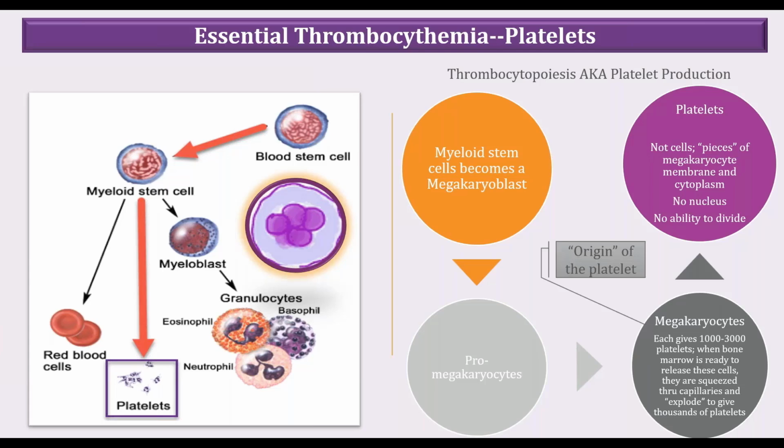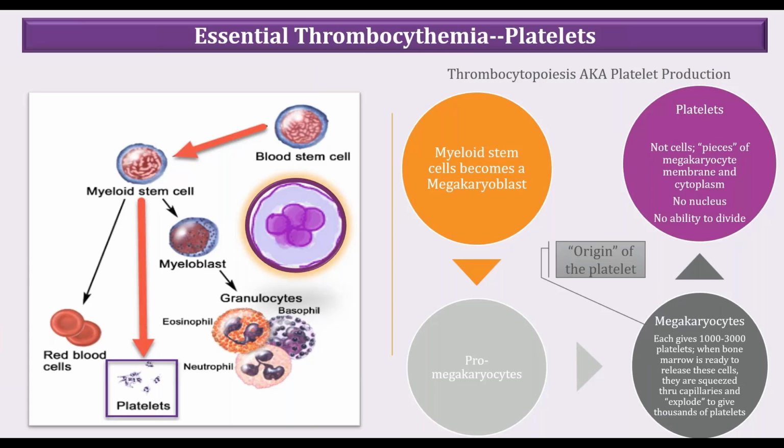So you heard earlier that the origin of platelets is the megakaryocyte. So megakaryocytes start as a stem cell and then become a megakaryoblast and then a megakaryocyte. They get their name from the size being big, so hence mega, karyo meaning nucleus, and cyte meaning cell.